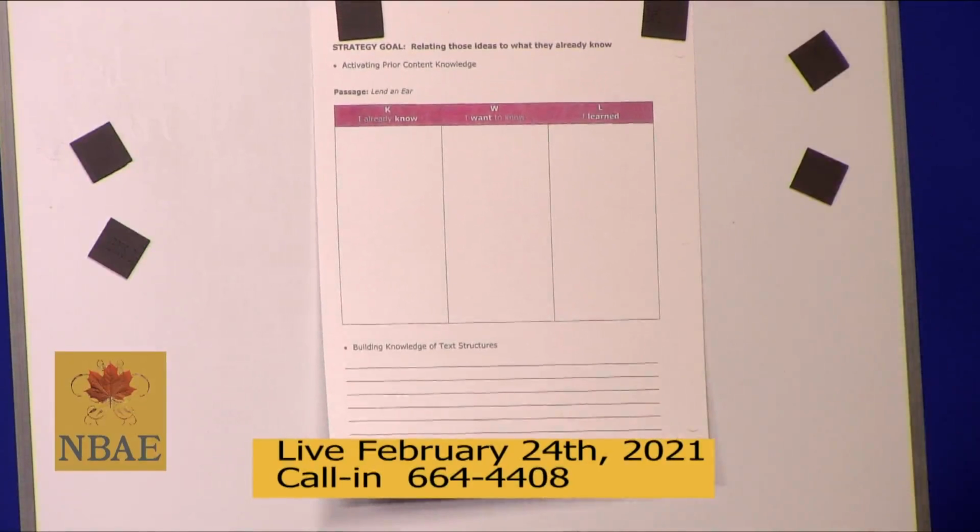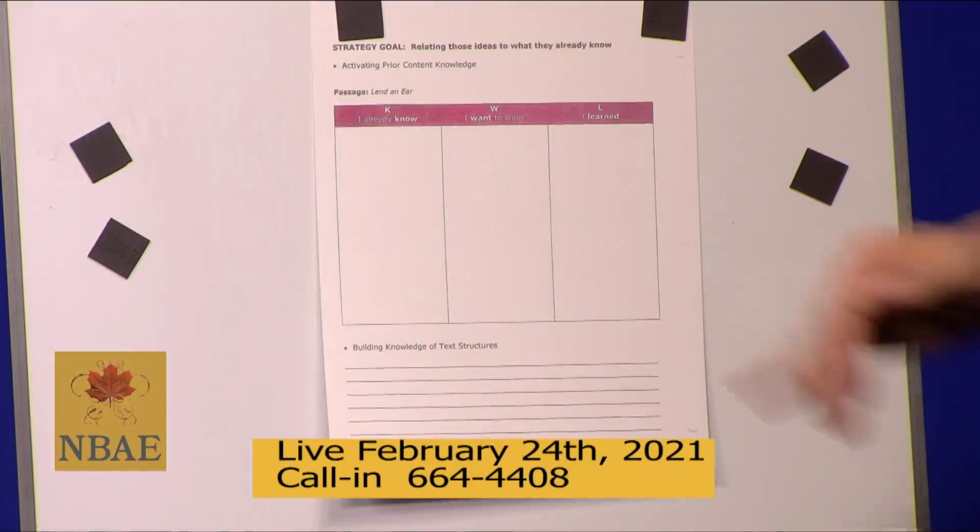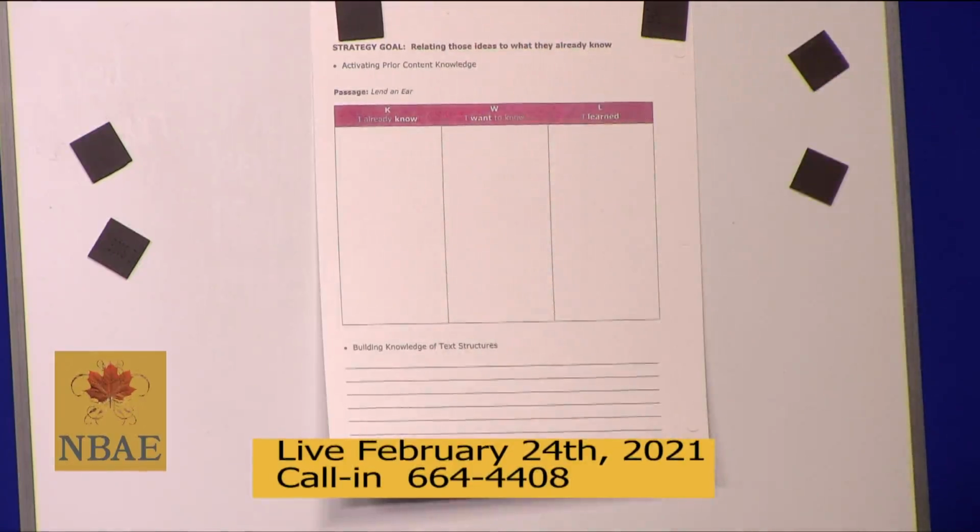One of the first strategies is to create a grid for yourself, and in each of the three categories: know, want to know, what I learned. So K, W, L. So K, what do you already know about the new topic that you're being presented with? When you're thinking of that, you can list all of the things that you already know about a particular topic.